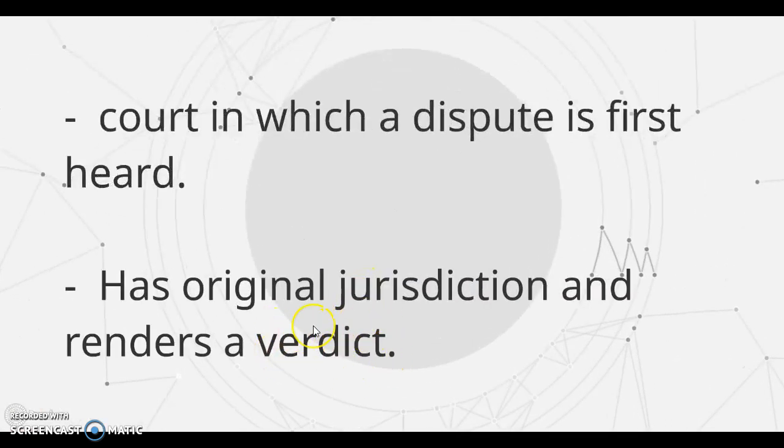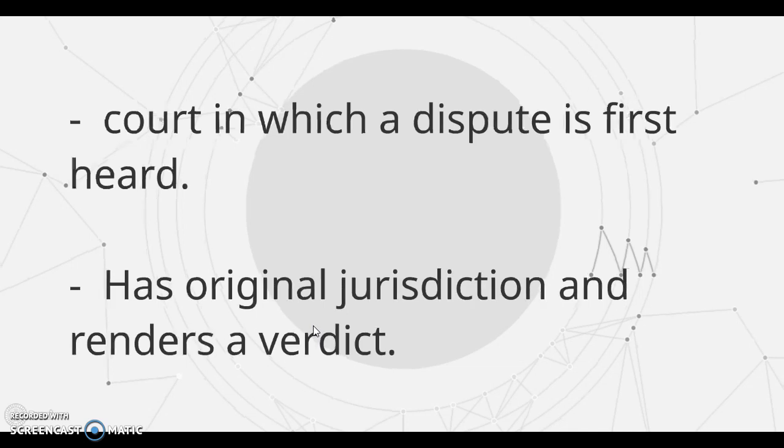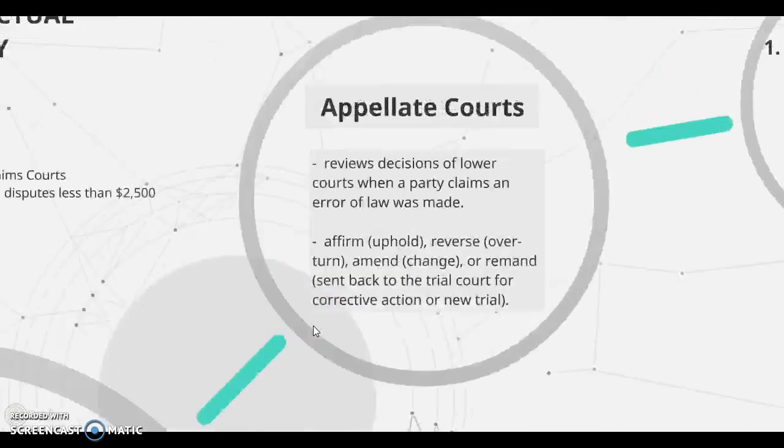Verdict, remember, is the court's decision. In civil law, and we'll get into this more later throughout the class, a court will either find for or against the plaintiff. The plaintiff is the party that brings the dispute to the court. And again, you don't need to know that right now because we'll get into that later. But the verdict, again, is basically just the court's decision.